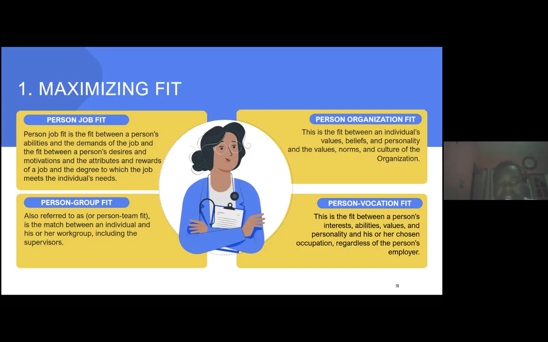And the person organization fit is the fit between an individual's values, beliefs, and personality, and the culture of the organization. So this is how well the employee will fit into the company's culture. For example, Sagicor Group Jamaica prides itself on giving back to the community.